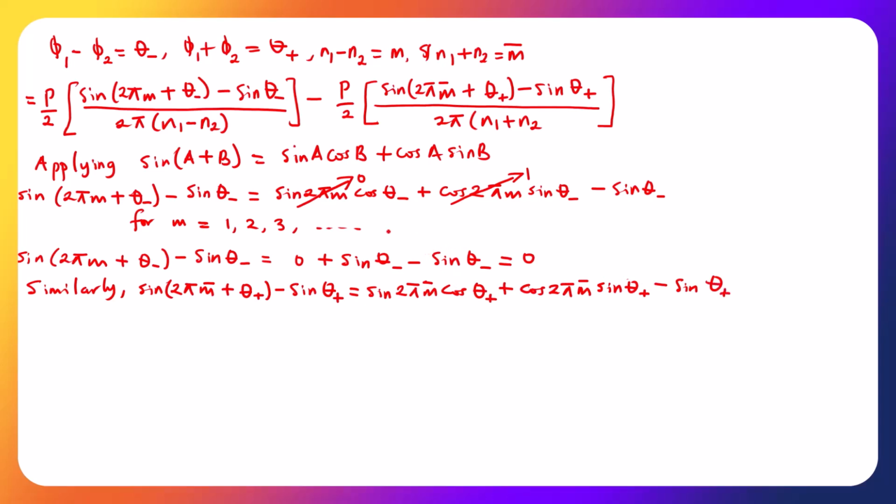So the same way for m bar equals 1, 2, 3 and so on, we can write that sine of 2 pi m bar plus theta plus, minus sine of theta plus is equal to 0.